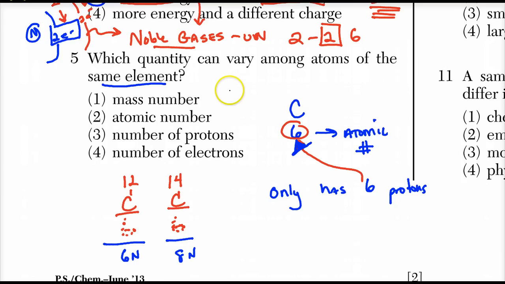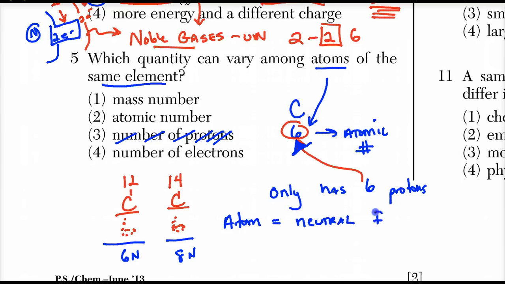So back to the question, which quantity can vary? Well, I'm going to cross out protons. Protons can't vary if you're the same element. The number of electrons I'm also going to cross out, because if you're an atom, and I say this to my class, you are a neutral entity. Of course, you have positives that come from protons, and negatives that come from electrons. This bottom number here is the proton number.